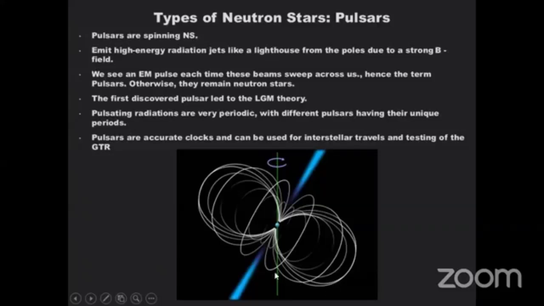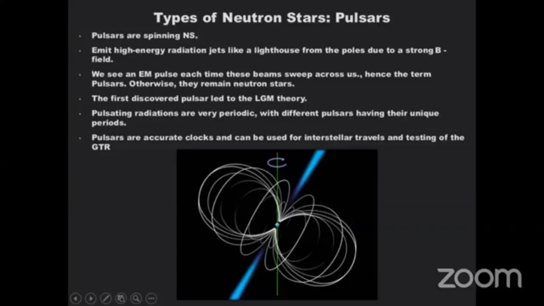So the first set of pulsars that were discovered gave rise to the little green men theory, because we believed that maybe aliens were trying to communicate with us.